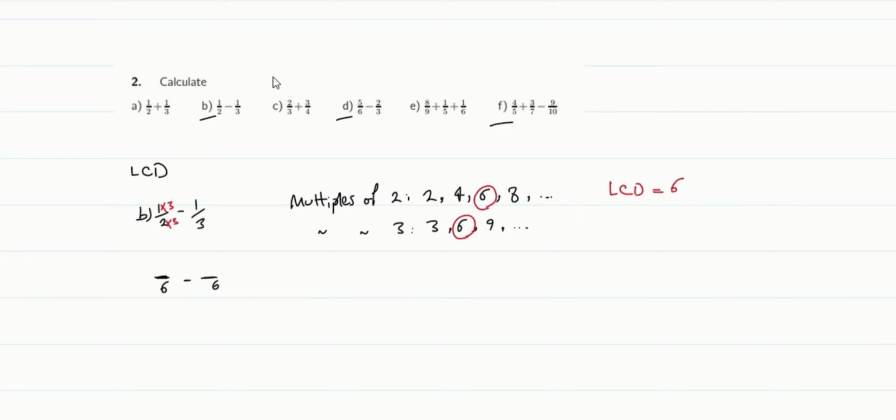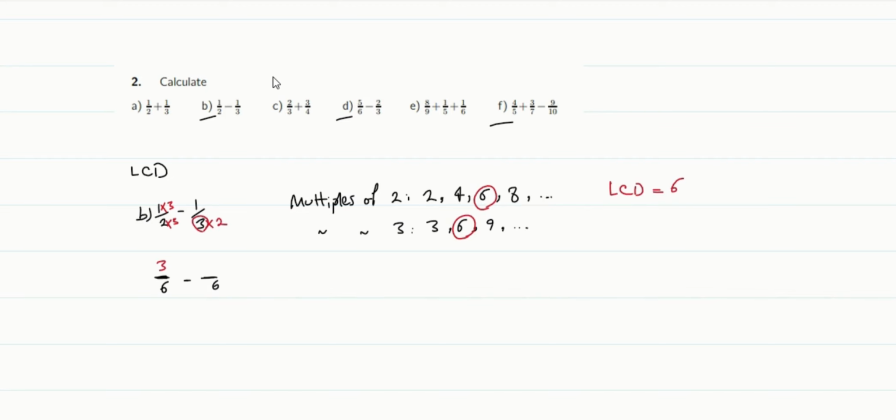So you multiply denominator and numerator by the same amount, which is equal to 3, because if you multiply 2 by 3, you get the denominator equal to 6, and your numerator would be equal to 3. And for the second one, when you want to convert 3 to number 6, you have to multiply it by 2, right?